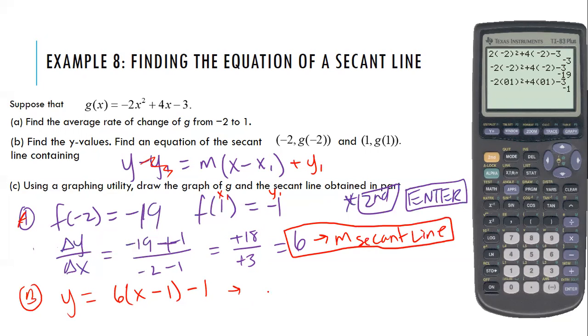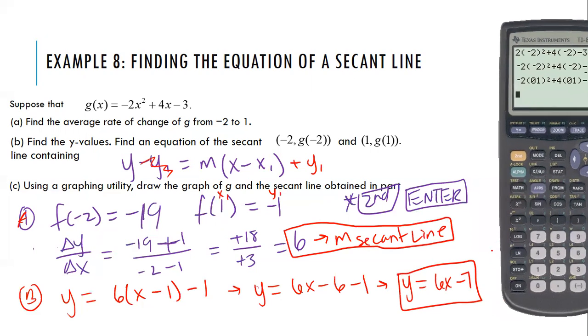I clean this up, and I'm going to have y equals 6x minus 6 minus 1, which is negative 7. y equals 6x minus 7. And that is my secant.